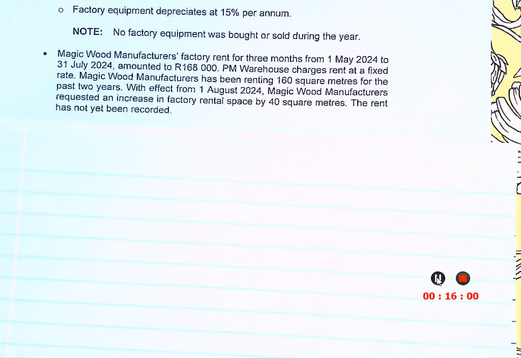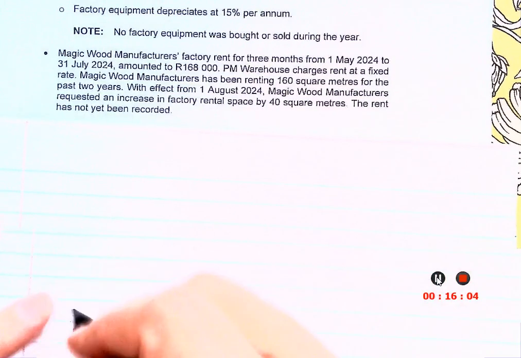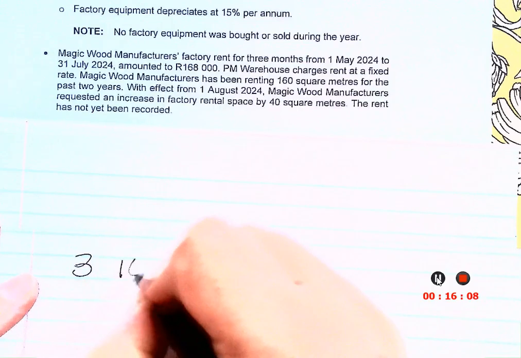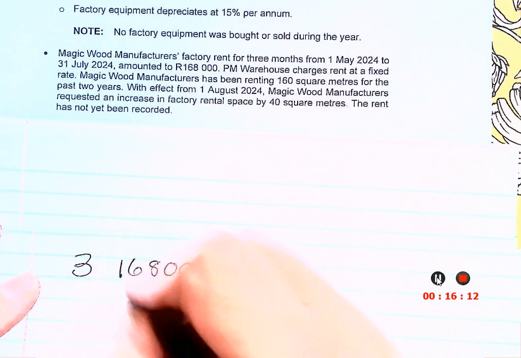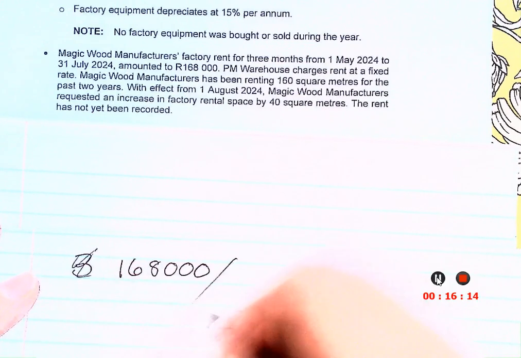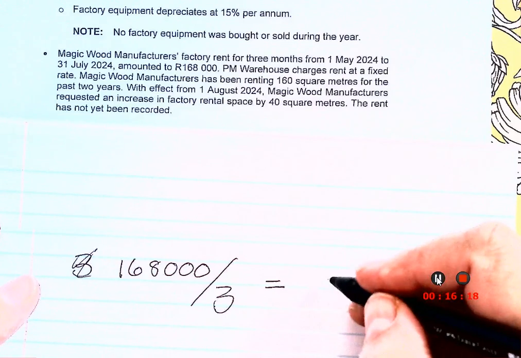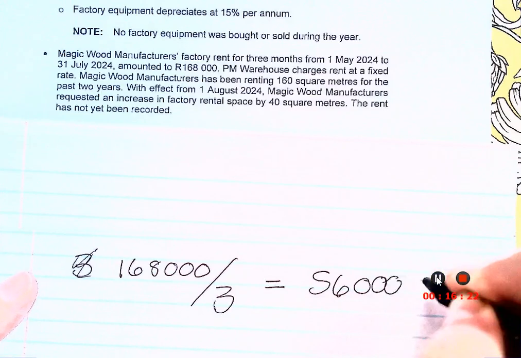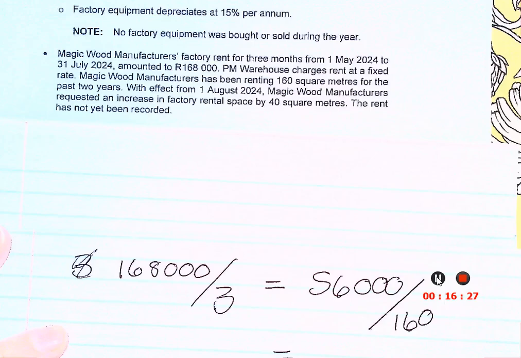Okay, now, let's start thinking. I've been renting 3 months, so 3 months is 168,000, right? So, if I divide it by 3, I get what it is per month, which is how much? 56,000. So 56,000 is for 160 square meters.